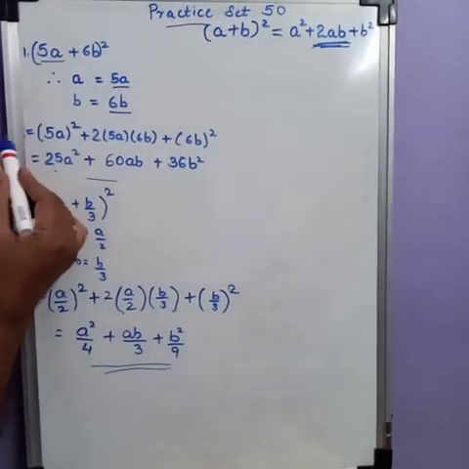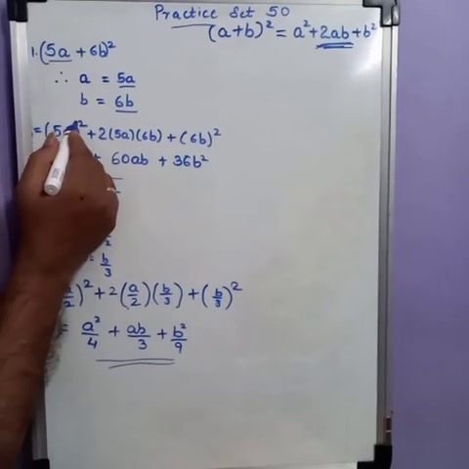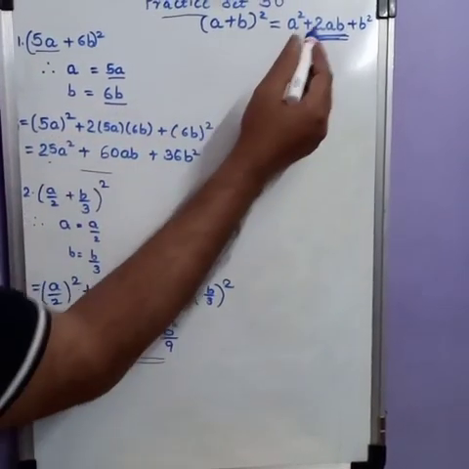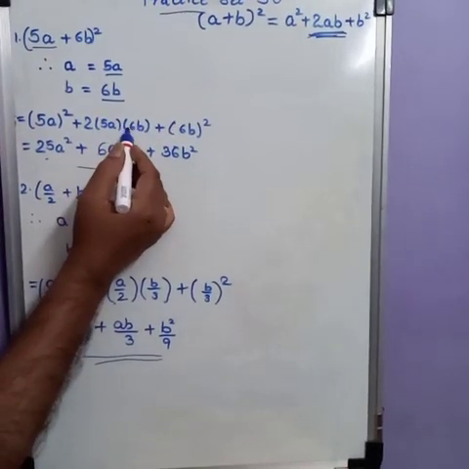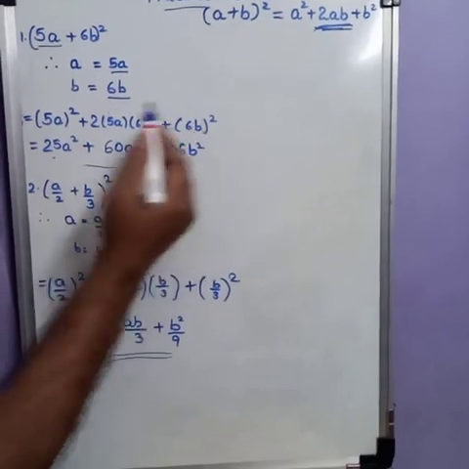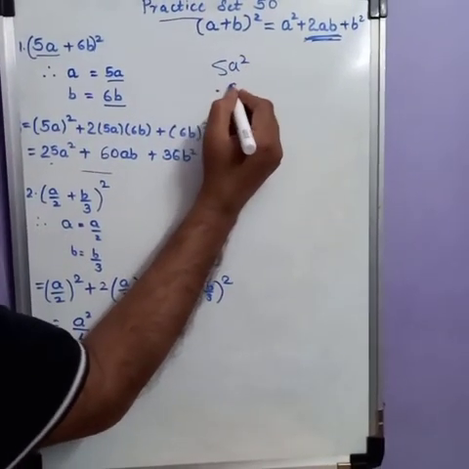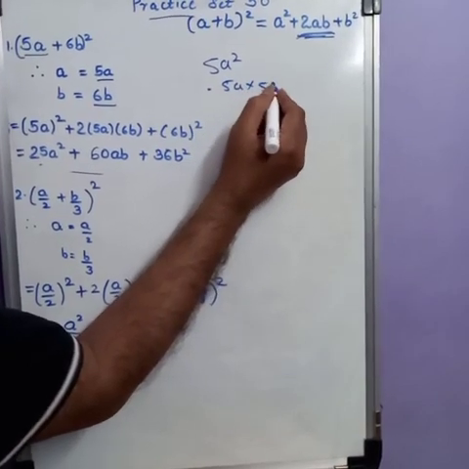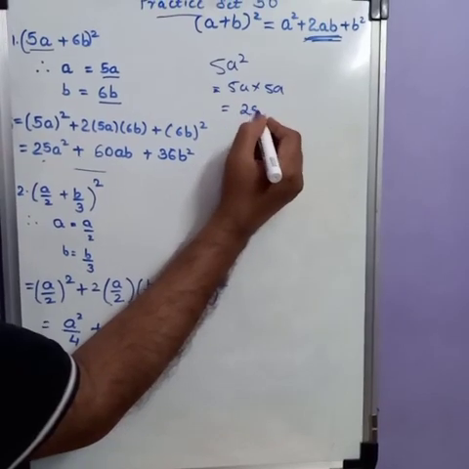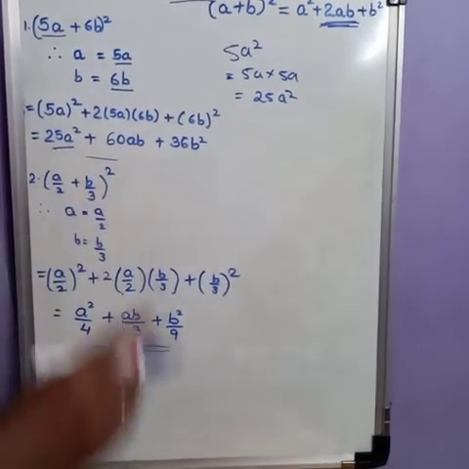So a square, that is 5a the whole square, plus 2 into 5a into 6b plus b square, which we considered as 6b square. So 5a square can be written as 5a into 5a, that comes to 5 into 5, 25, a into a, a square. So we got 25a square.